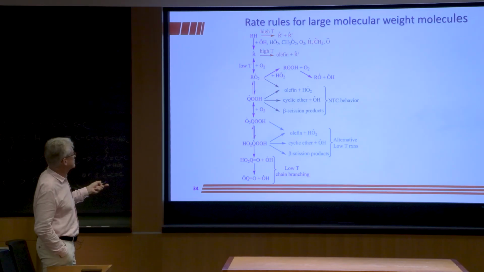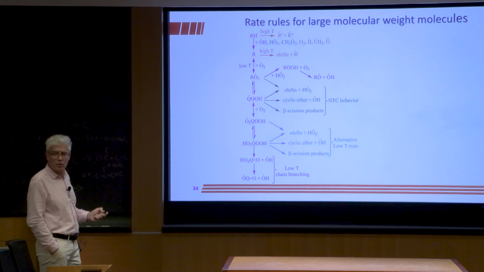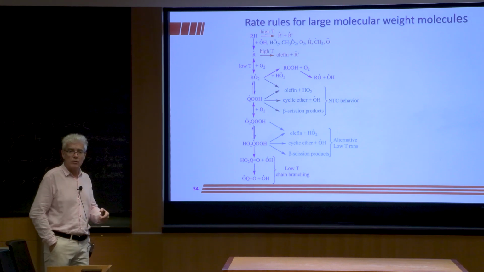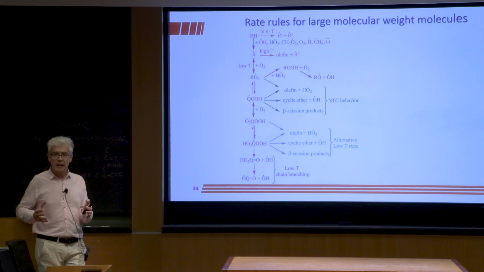We have H atom abstraction from the fuel. We have alkyl radical formation, then its beta scission to give olefin plus HO2. And the relative rates of this, so you have alkyl radical adding to O2 to give RO2, or alkyl radical undergoing beta scission, that's going to decide differences in reactivity at intermediate temperatures.